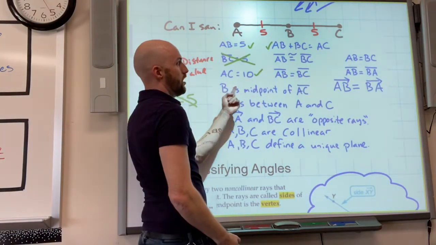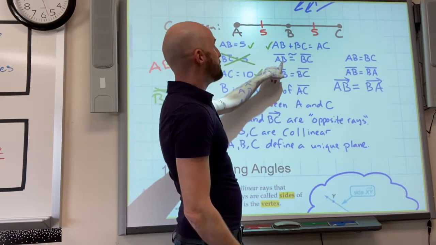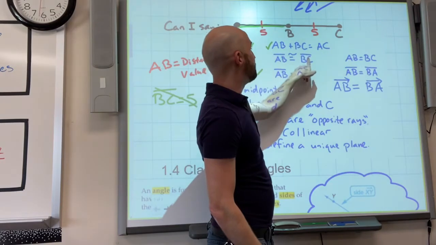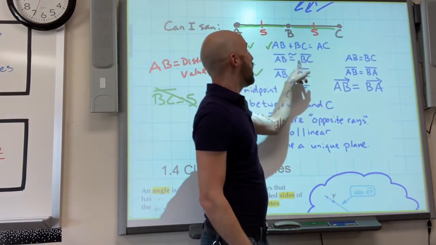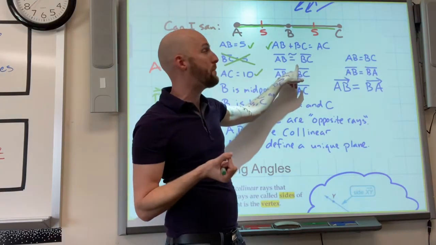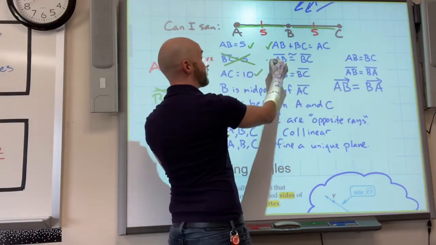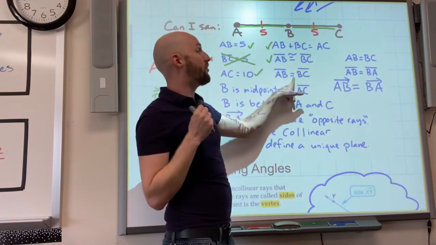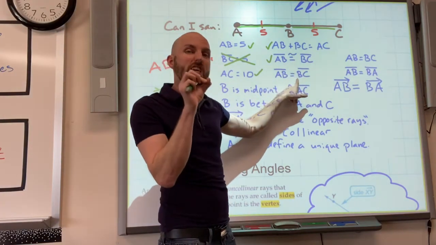Yes. Are the segments AB, the physical ink on the sheet of paper, and the physical ink from BC congruent, meaning are they the same size and the same shape as each other? Yes, those are the same size and shape as each other. But are they the same physical ink on the paper?